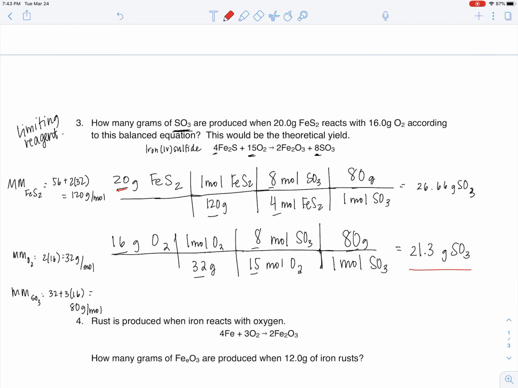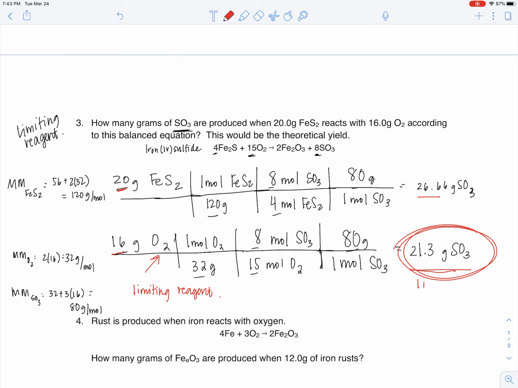Now if I look at these two, this one is less. So 20 grams of iron 4 sulfide will make 26 grams of SO3, but 16 grams of O2 will only make 21 grams. Since this is my lower number, this oxygen is my limiting reagent. You can't make any more because I only have 16 grams of oxygen.